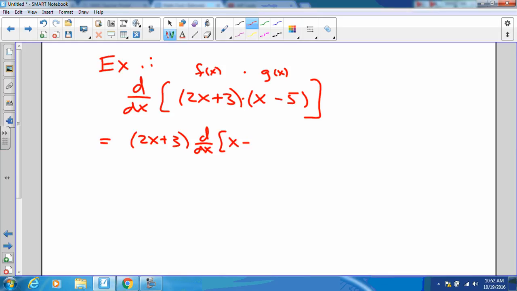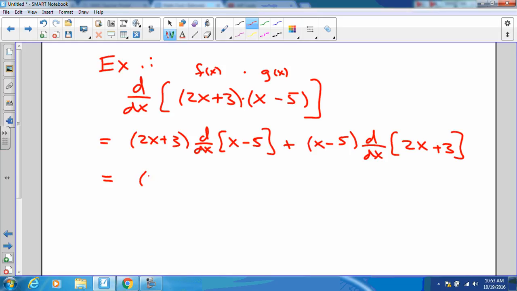The product rule gives me that this derivative is equal to the first function times the derivative of the second function plus the second function times the derivative of the first function. The only thing that's going to be hard is to stifle the urge to just take derivatives and multiply them. Don't do that, you'll get the wrong answer every time.